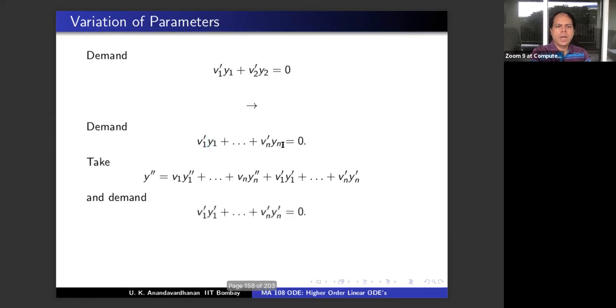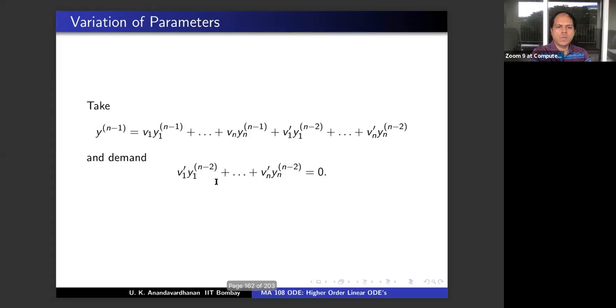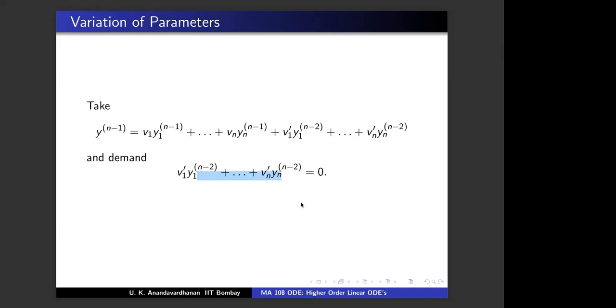So here, similarly, you are demanding, your first one was y1, etc. yn is 0. And next one was y1 prime, etc. yn prime is 0. And last one up to n minus 2 is 0. Put this and rearrange and you will get v1 prime y1 n minus 1 plus vn prime yn n minus 1 equal to r x.